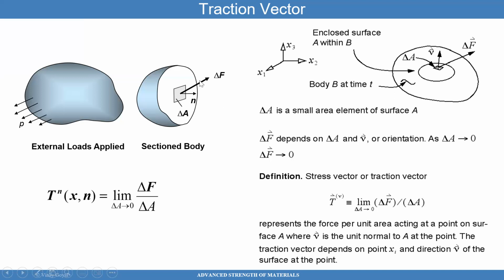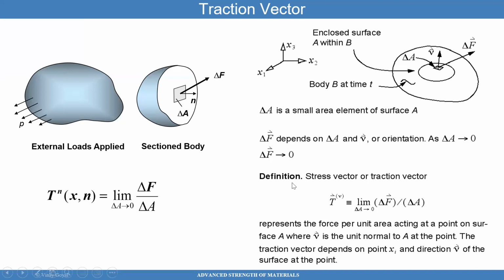What you see here is the delta F divided by delta A. I'm trying to find this T, this traction inside the body material, because that's going to tell me where things will fail. These are the tractions here, which depend upon the location, right? This T here, which is a vector, is bolded for a reason. This vector at every point of the body can vary, but there's a critical location where it could fail.